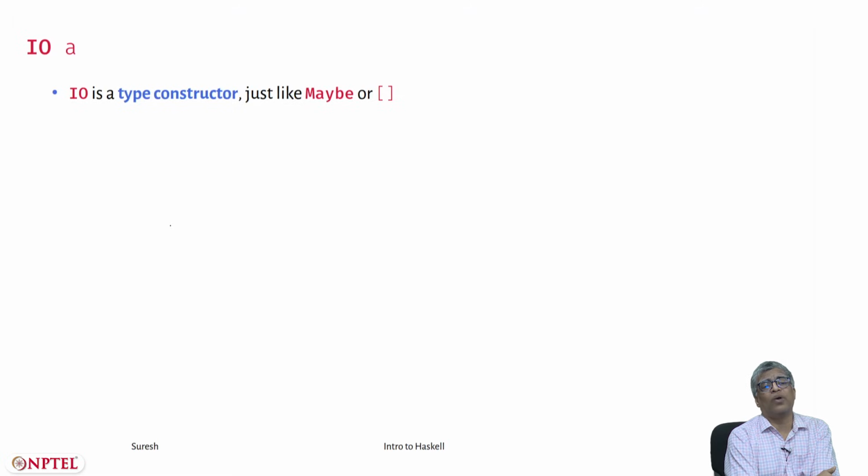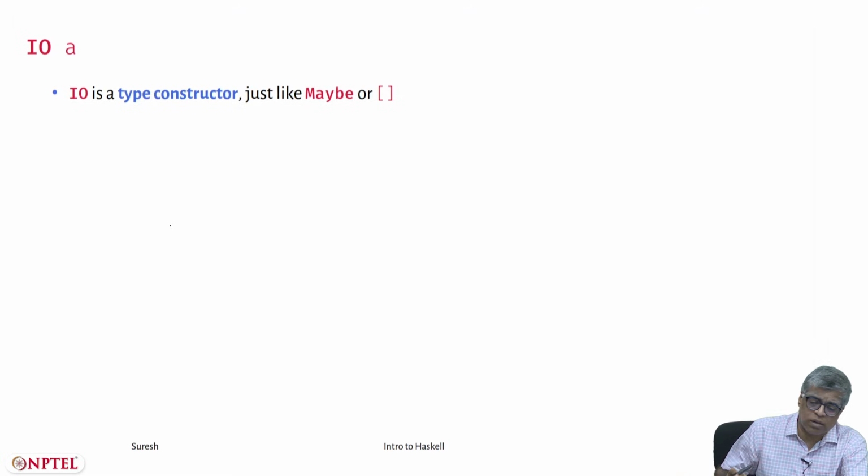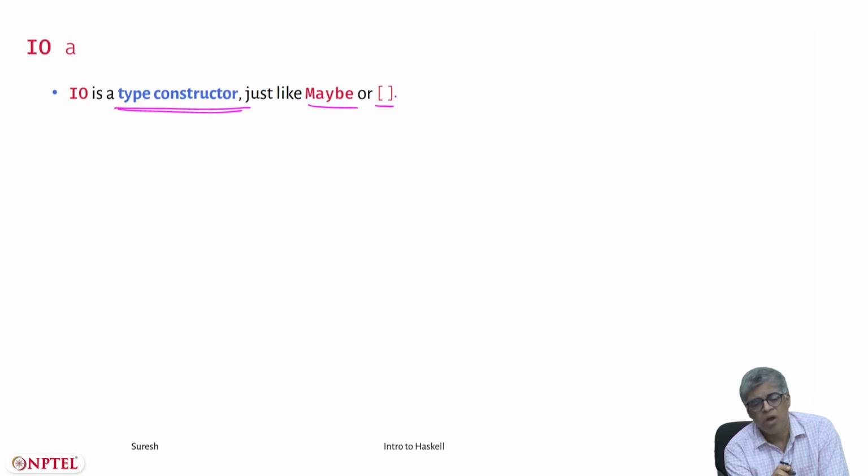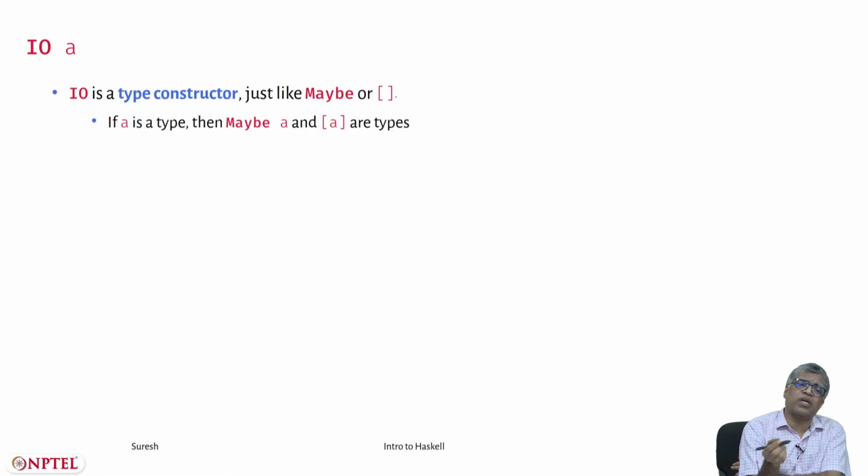What is IO A? IO is just a type constructor. Nothing mysterious about it. It is just like Maybe or list formation. For instance, if A is a type, Maybe A and List A are types. What are the values of type Maybe A?